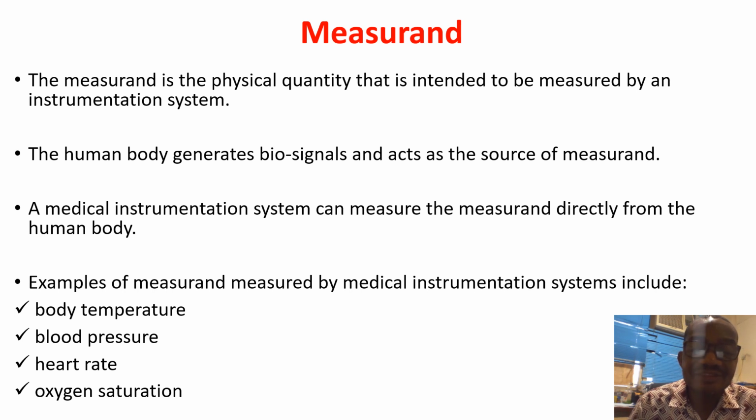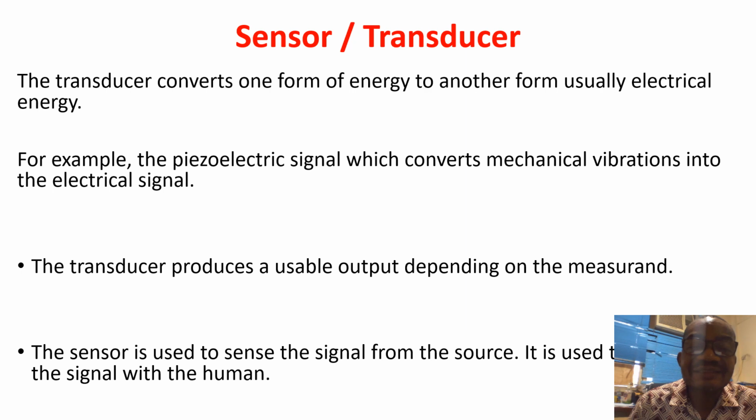A medical instrumentation system can measure the measurand directly from the human body. Typical examples of measurand measured by a medical instrumentation system include body temperature, blood pressure, heart rate, oxygen saturation, and so many others.